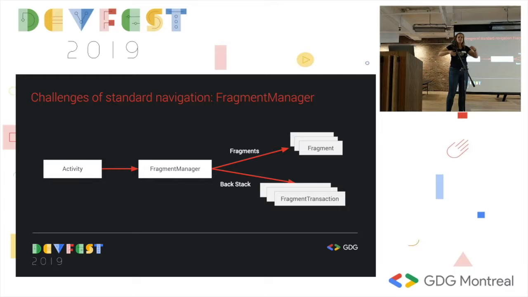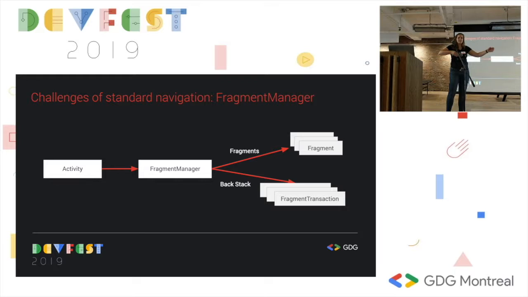At the beginning of Android, there were like 2 camps. One group said, we create an application with all activities, so the next screen is an activity. And the other group said, we create an activity and a lot of fragments, so you change fragments and things like that.